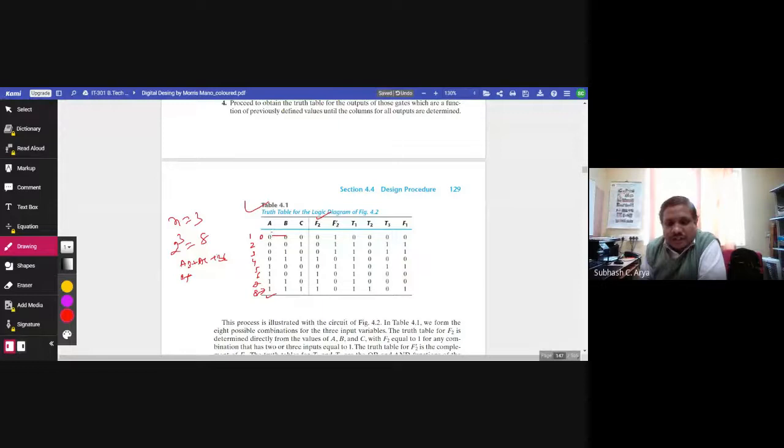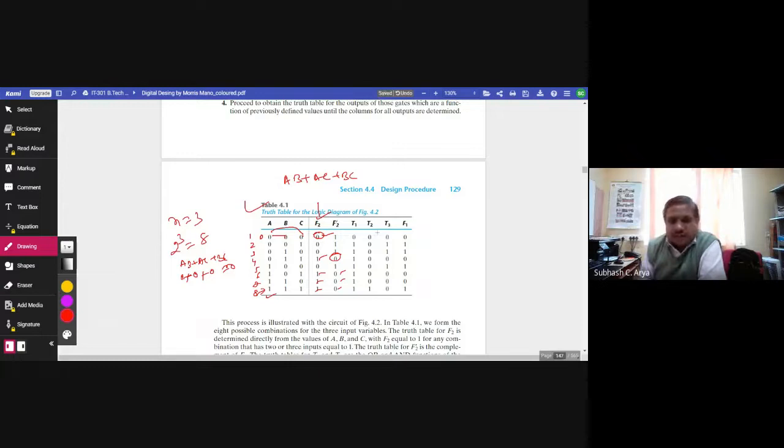Then AC, 0 multiplied by 0, will again be 0, plus BC, 0 multiplied by 0, will be 0. So 0 plus 0 plus 0 will be 0. That is why the output here is 0. The same thing you have to apply for each one. And the complement of F2 will be here. Wherever we have 0, we put 1, and wherever we have 1, we put 0. So that is the complement: 1, 0, 1, 0, 1, 0.